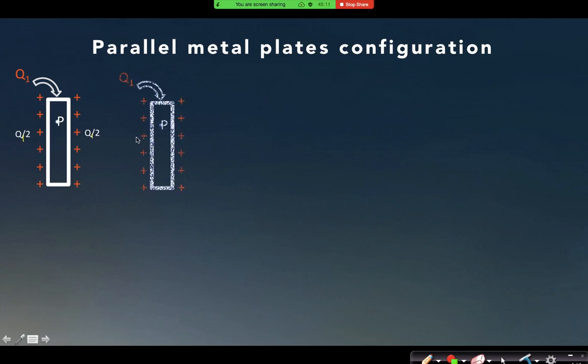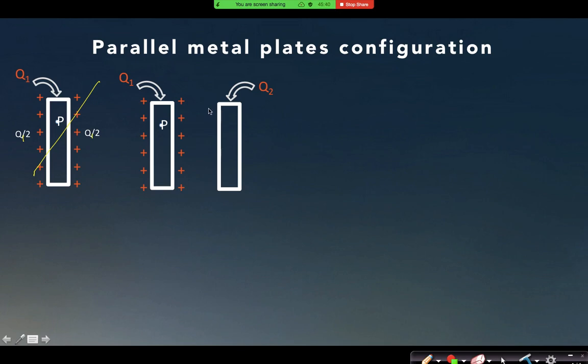Now what will happen if I have the same plate? Now forget about this one. If I have the same plate and near to that plate I have placed another one and I have given a charge q2 to that. Now if I give a charge q2 to this plate, again I have to make the field at this point 0.